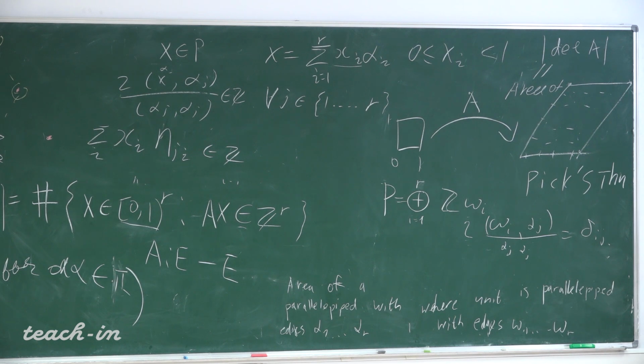But then we know how to compute. So if I have a bunch of vectors and I know their coordinates in, say, standard vectors, if I decompose in standard vectors, then I know from geometry that the area of the parallelepiped that is spanned with edges of these vectors is exactly the determinant of a matrix given by these coordinates.